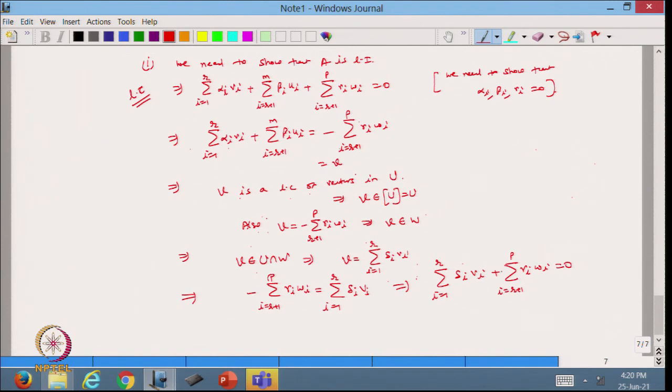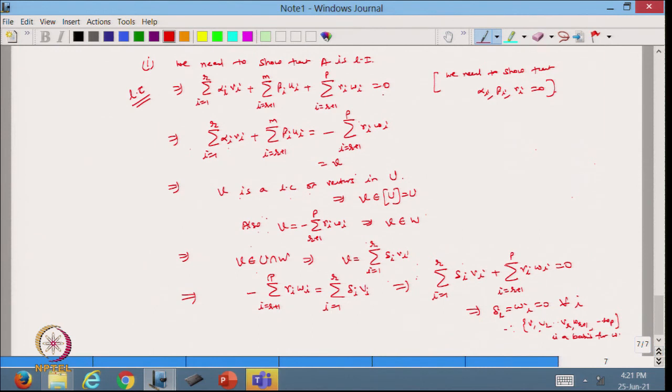Now, it is Vi and Wi, and we already know that they are the basis for W. So from here it is very easy to check that all the delta i's and gamma i's are 0, because the set V1, V2, up to Vr and W r plus 1 up to Wp is a basis for W. So all the delta i's and gamma i's become 0.